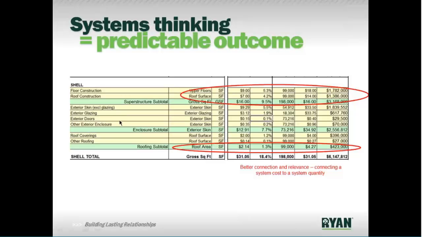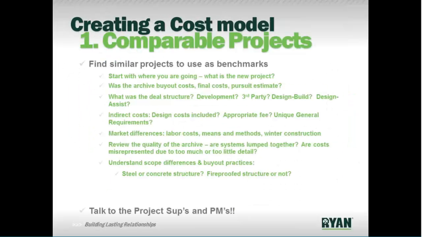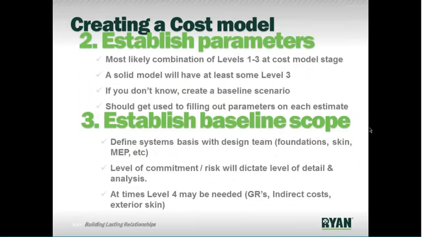So when it says that a good cost model will have at least some level 3 breakdowns, a good example would be this superstructure. You could go in and put in $16 a square foot over your total area, but you're probably a little better off going in and at least breaking it down between what's my roof area and my floor area, because those are two different systems. So that's what it means to say that typically you'll have at least some level 3 breakout.